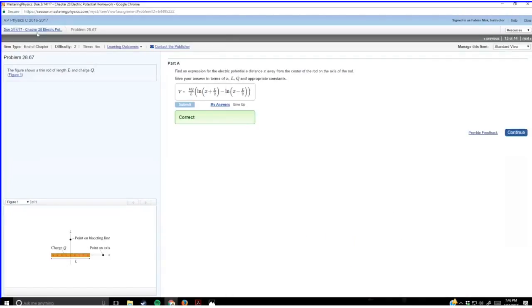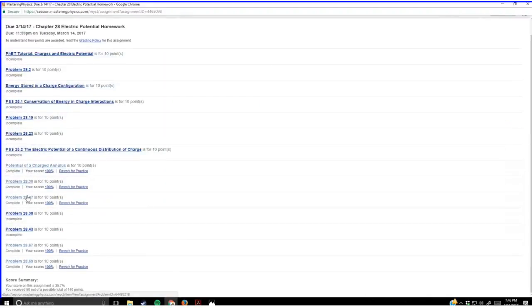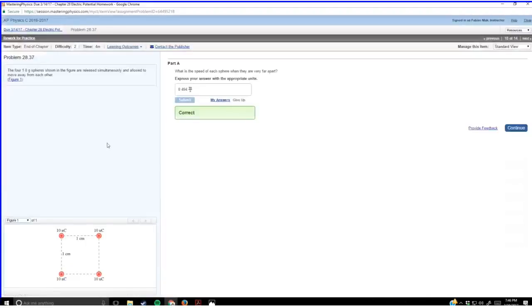I can pull that one up. Let's see. Yeah, we did this one in class, but I think it was in a different period. So when you try and figure out the potential energy of the system, you kind of build it piece by piece. You put one charge there, and then how much potential energy do you gain by putting a second charge there, right?